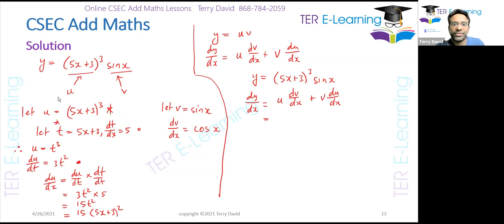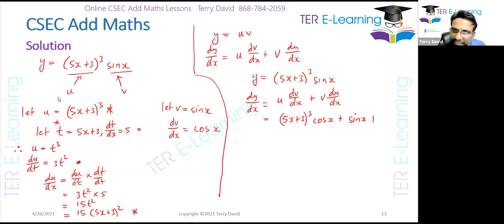We have all the information required to answer the question. U is (5x + 3) cubed multiplied by dv/dx, which is cos x, plus v, which is sine x, multiplied by du/dx, which is this down here.